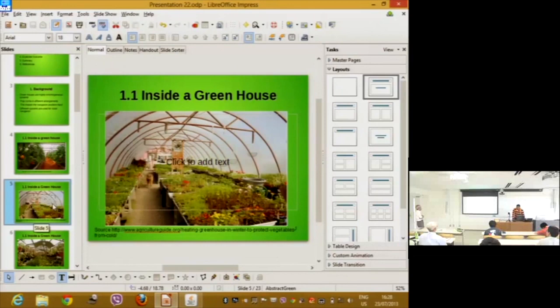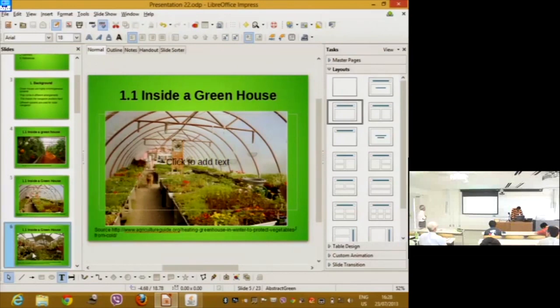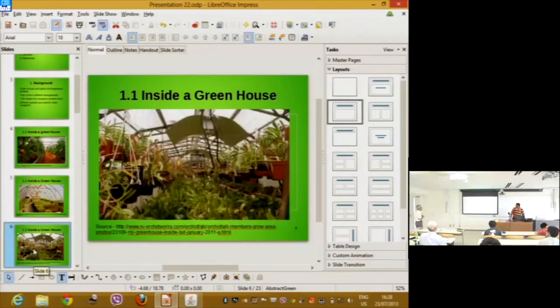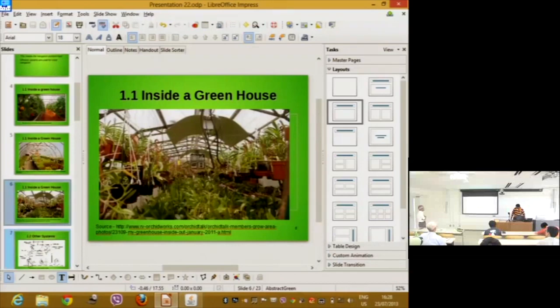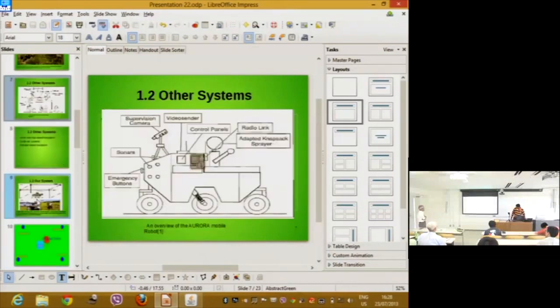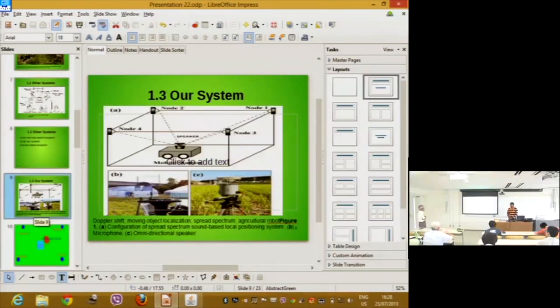Yeah. And then your next slide is our system. No, next one. Where is yours? Yes, no greenhouse. That is the problem we have. So we have to put it in this.